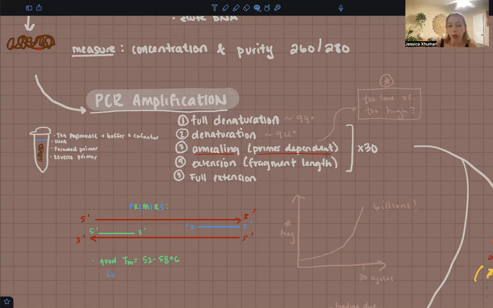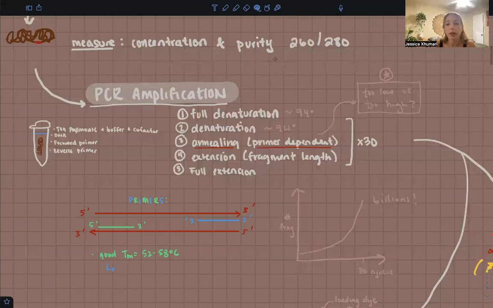If the temperature was too low, this means that the primers could potentially be too stable at places they shouldn't be, and potentially non-specifically amplify random genes that were off target, right? So that would lead on a gel to multiple bands, okay? Multiple bands. What we're really looking for is just one band, because we're looking for a single amplification of a gene, okay? Our gene of interest. All right.